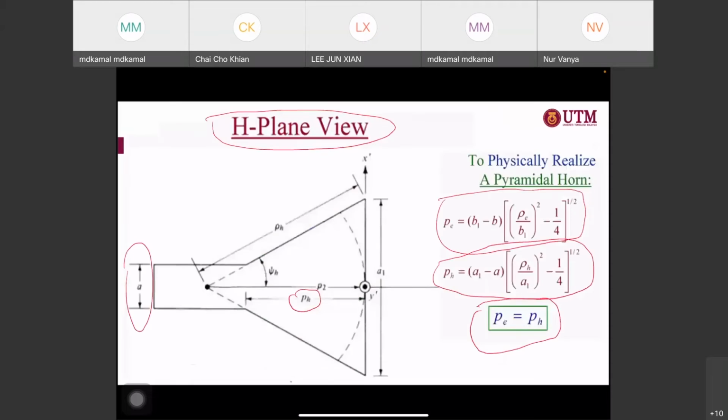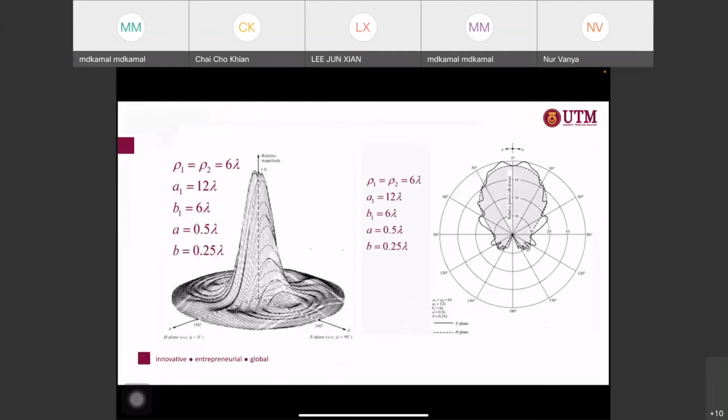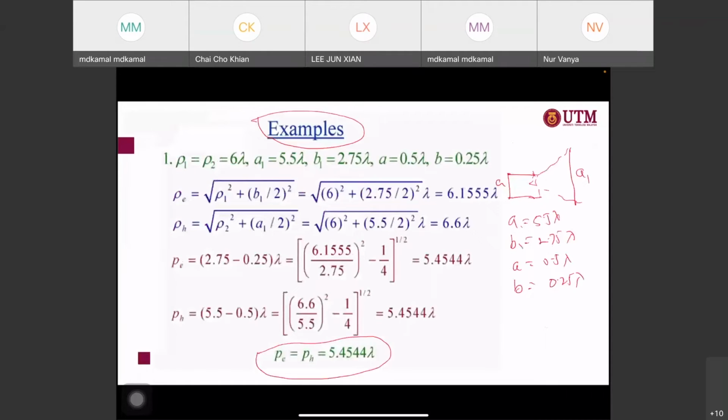The rho E is coming from this particular equation. Rho E is B1 minus B. Then you find rho 1 squared plus B1 squared, and you calculate this value. You got this, and for rho H you got this value. Then you find out your PE here.